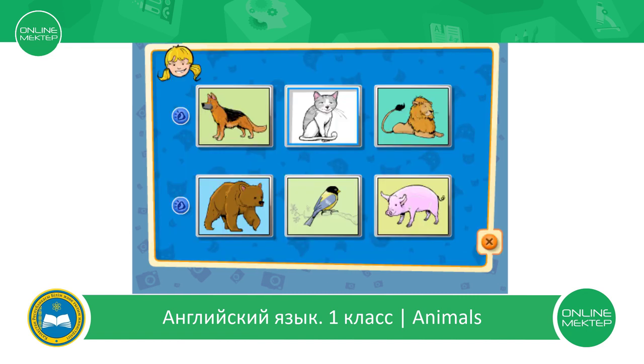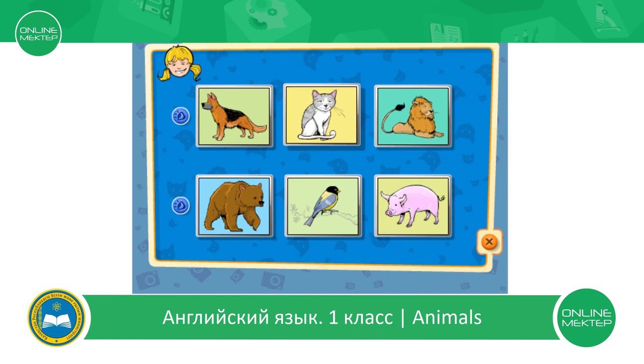Fantastic. Next exercise. Прослушай и выбери соответствующий рисунок. Number 1. Where is my cat? Can you see a picture of a cat? This one. Wow, this is a lion. Where's my cat?